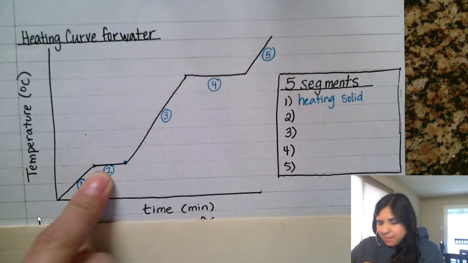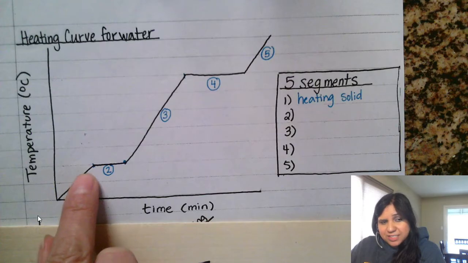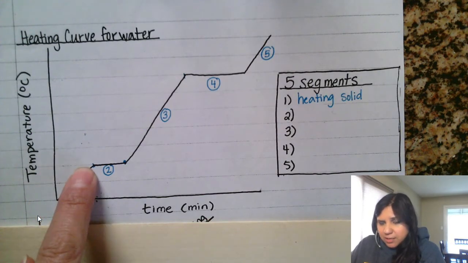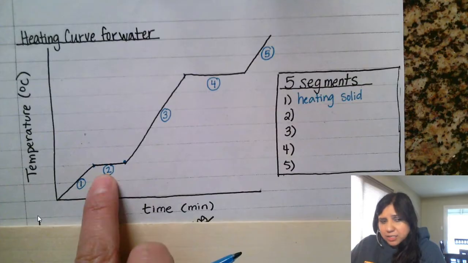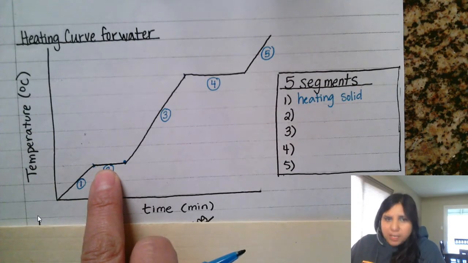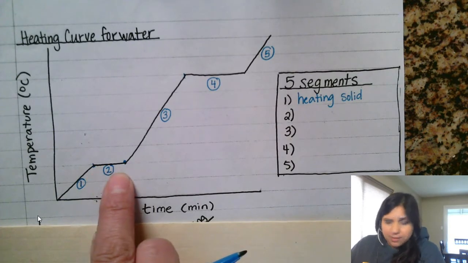And then something happens, and it starts to flatten out where the temperature does not change. Since it's flat here, this temperature is not changing. Instead, the energy that would normally go into heating it and changing the temperature actually goes into changing the phase, moving the particles away from each other.